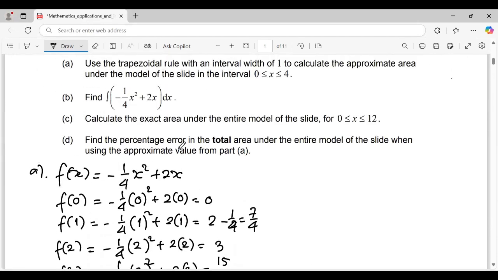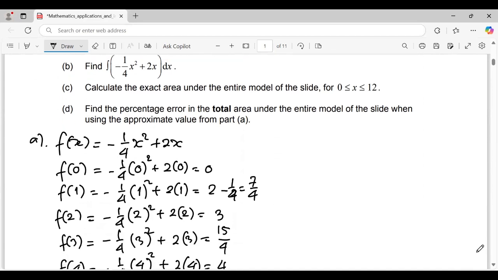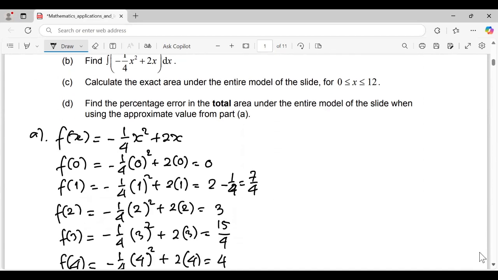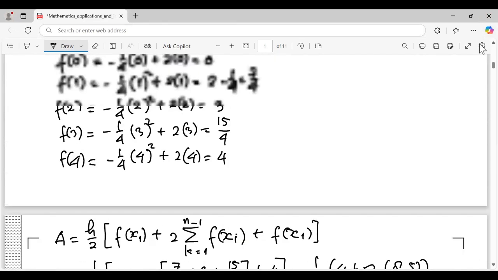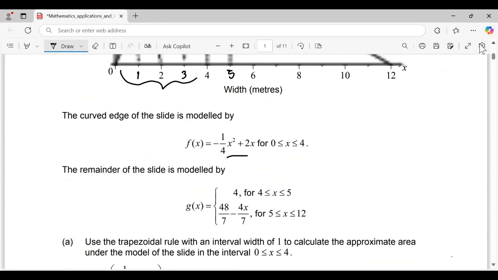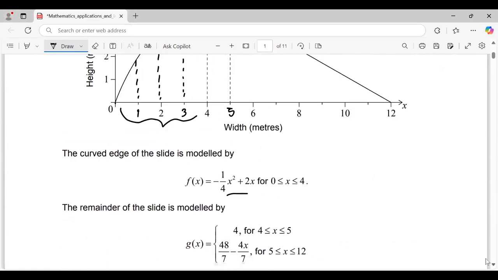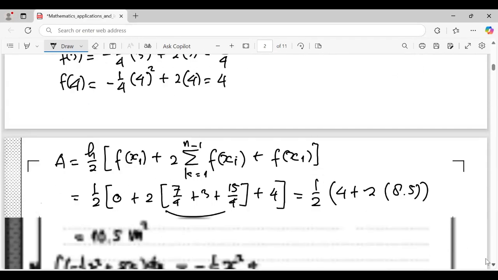Find the percentage error in the total area under the entire model of the slide when using the approximate value from part A. From part A, it means, wait, I'm going to show you.